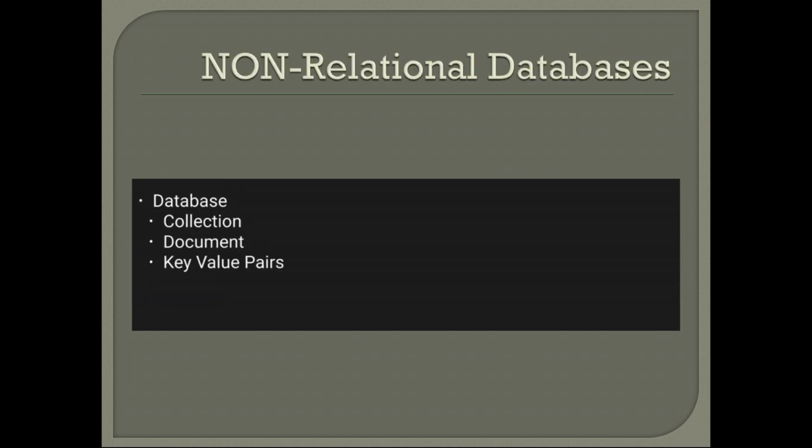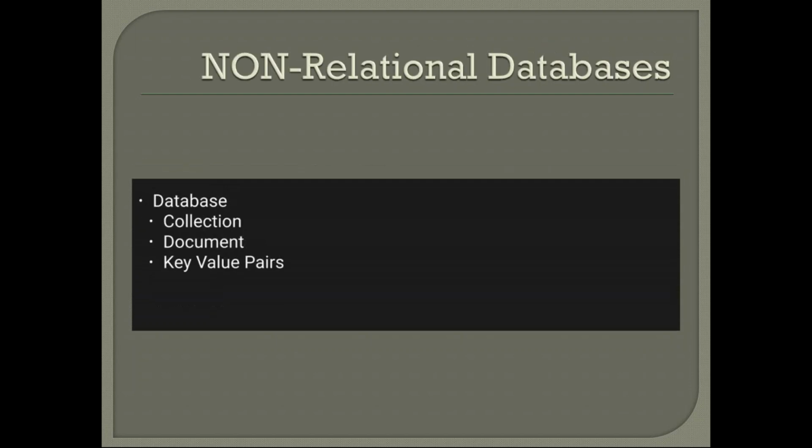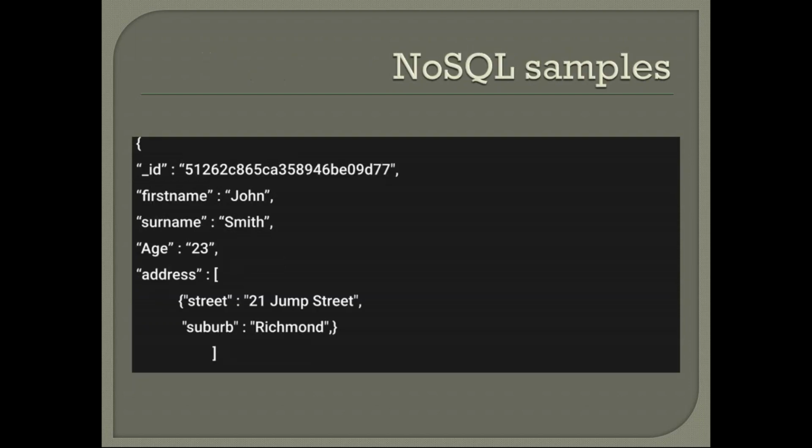There are 2 types of databases: a relational database and a non-relational database. We'll tell you the difference later. A non-relational database simply has a collection of documents with variable key-value pairs. I'm going to show you a NoSQL sample that we program to store the data of a customer inside the database.